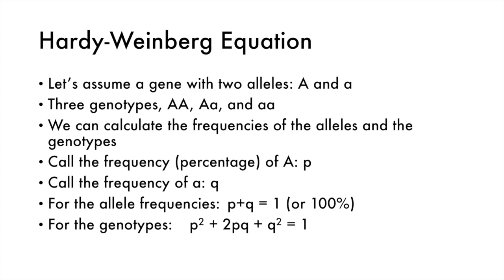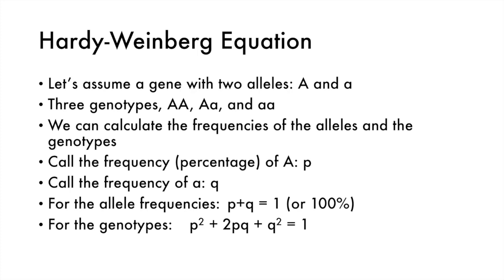So let's assume that we've got a gene in a population, and that gene has 2 alleles, and we'll call them A and little a, big A and little a. So just like a simple dominant recessive, 2 alleles, just like with Mendel's peas, which means that we've got 3 genotypes, big A big A, big A little a, and little a little a.